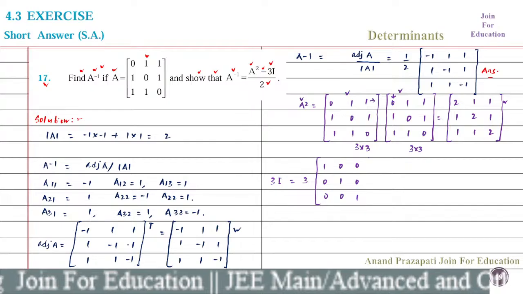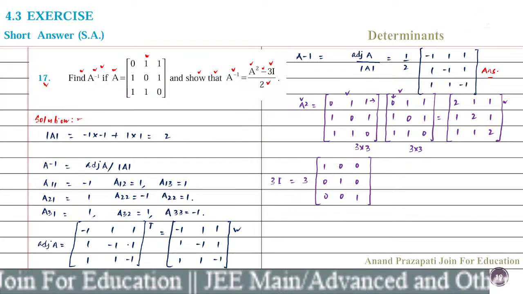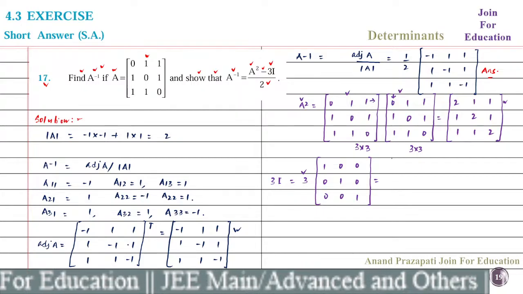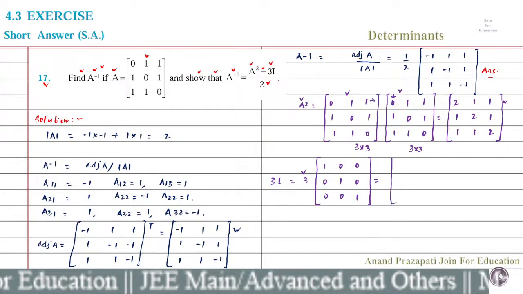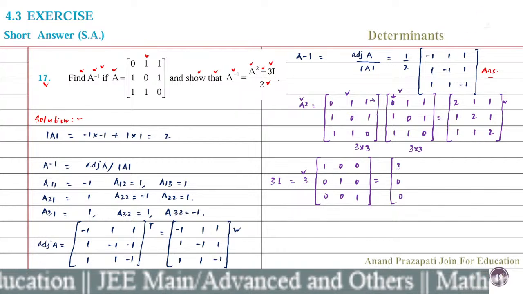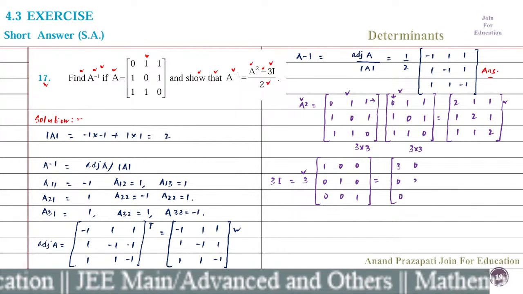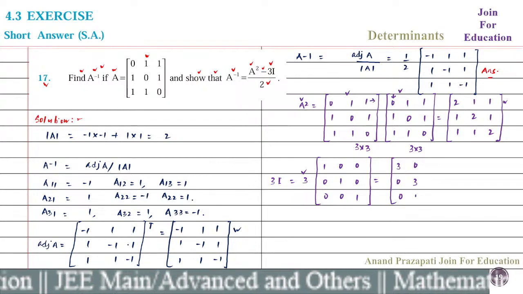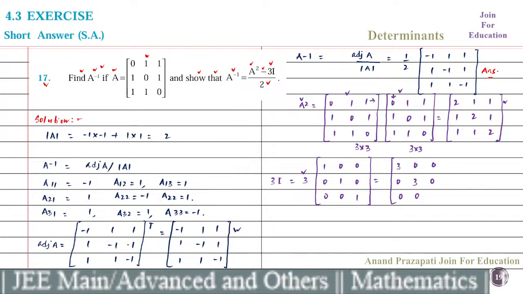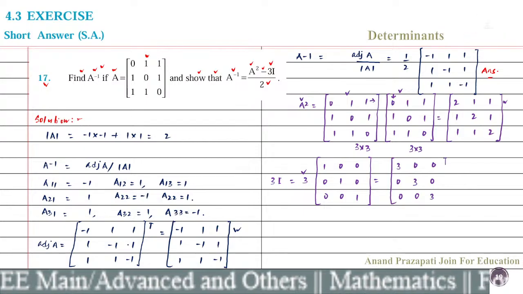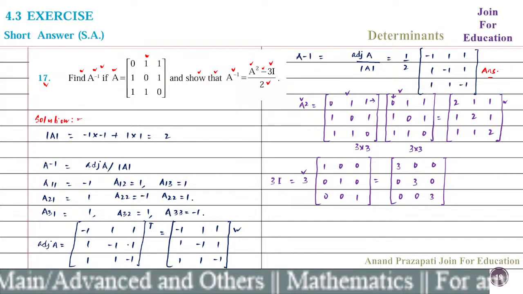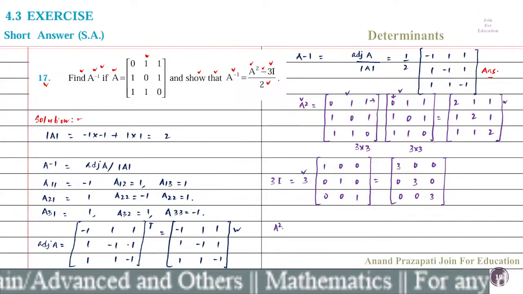When each element is multiplied by 3, then we get here 3I, which is 3, 0, 0, 0, 3, 0, 0, 0, and 3.